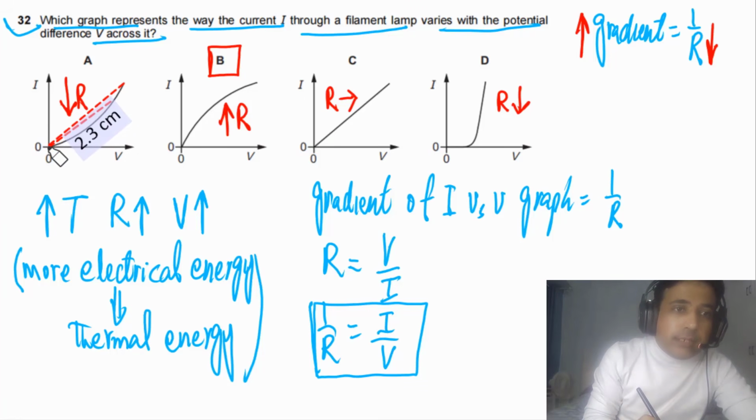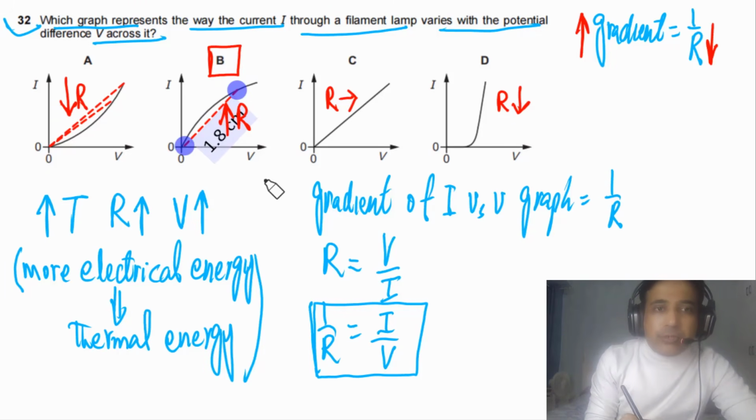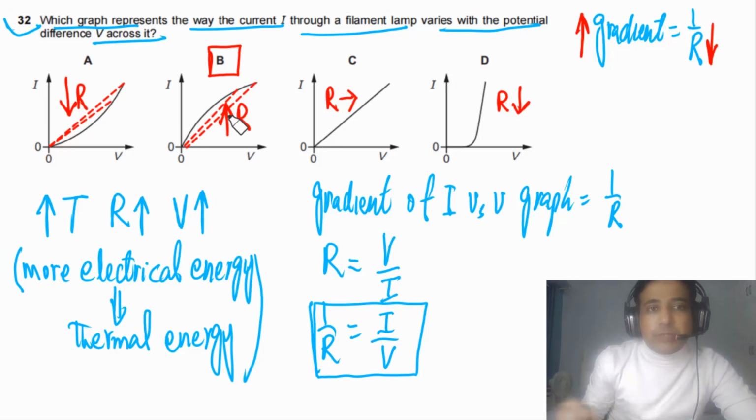If I connect here, you can see the gradient is increasing, so resistance is decreasing in this case. And also you can do this for this one. If I draw the secant line from this point and then from this point, you can see the gradient of the secant line is decreasing, so resistance is increasing. So the answer for this question is B.